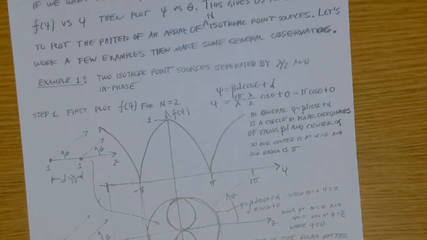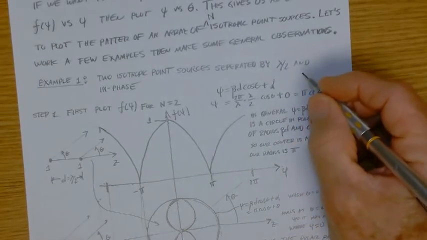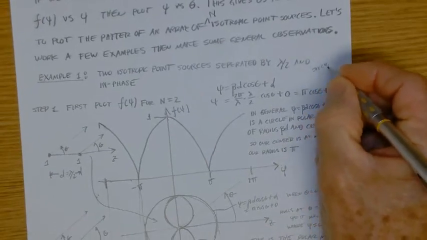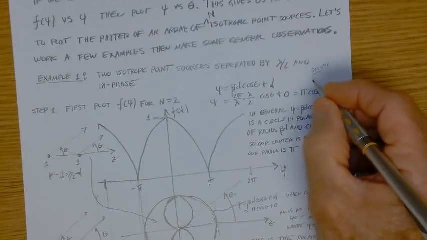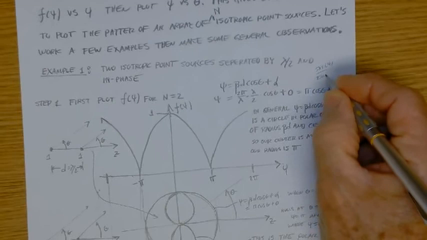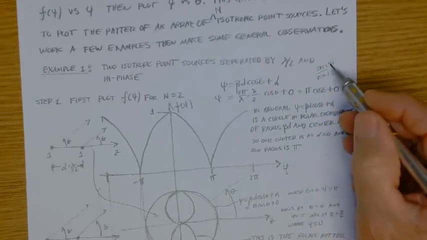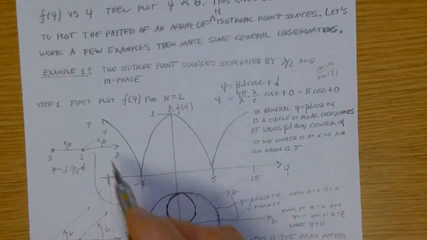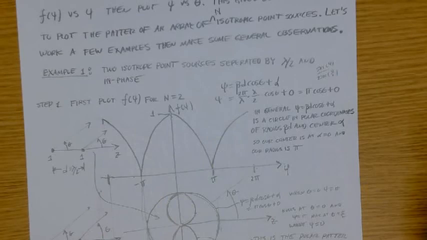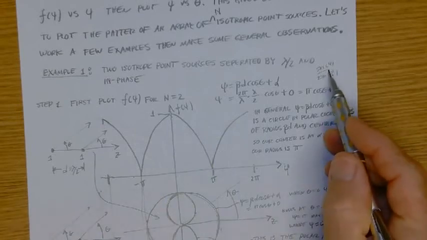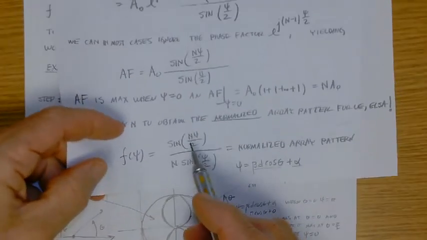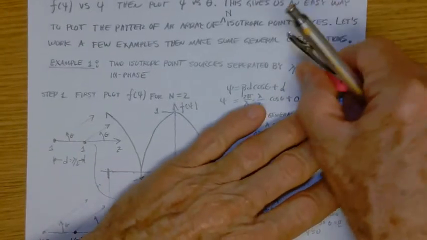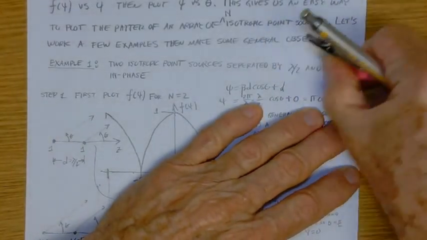You would just be plotting sine of psi divided by 2 sine psi over 2 for values of psi between minus 2 pi and pi, and this would be the function that you would get. Now if I change n, obviously this plot is going to change. But for now, we're just studying the n equals 2 case.